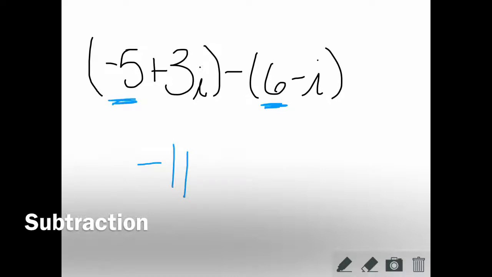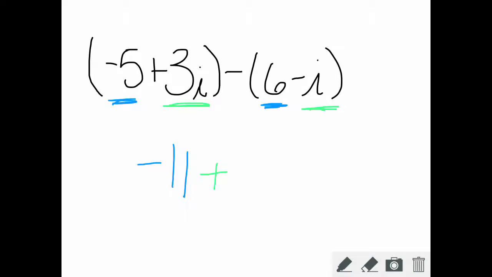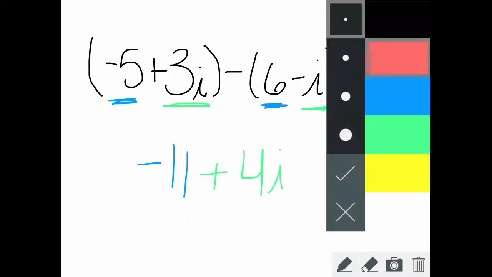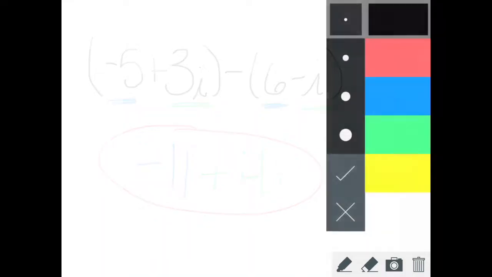And then you would do common terms for the i's, so it would be positive 3i and -i. Now you have to remember that the minus and the negative i would make it into a positive, so you would be doing 3i + i, which would give you 4i, and the answer is -11 + 4i.